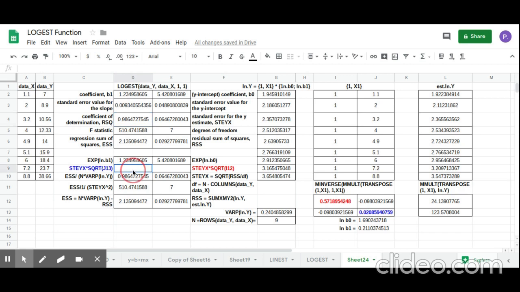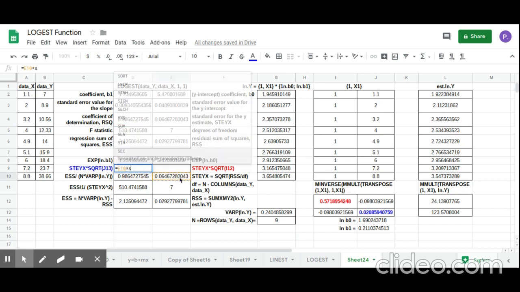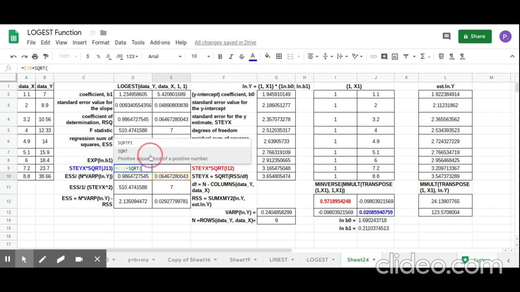Then we calculate the standard error value of the slope, which is equal to standard error estimate times the square root of J13.